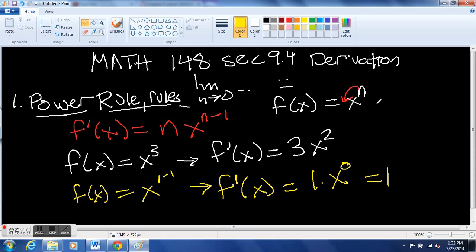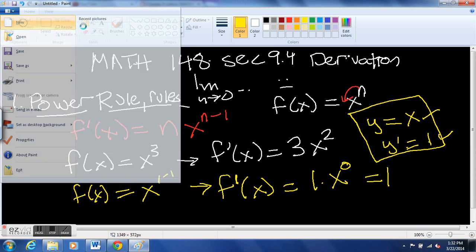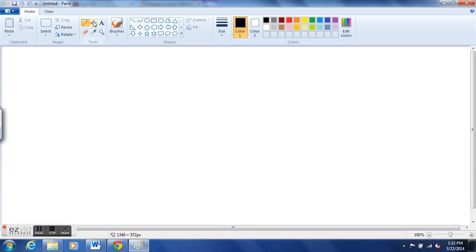So if you have f of x or some function y just equals x, then the derivative is equal to 1. This is something that you can use with the power rule, who is your friend, or you'll just get used to it and memorize that as sort of a separate little rule. So that was rule number 1, the power rule.